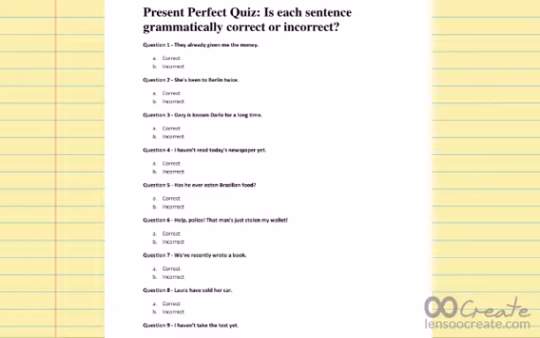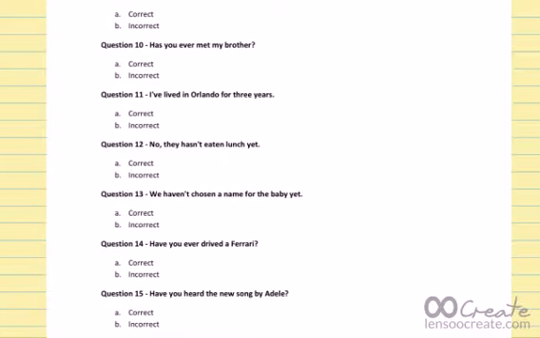Okay? So you will number your paper from number 1 to number 15, and for each question I want you to read it carefully and tell me if it's right or wrong, it's A or B. Okay? Don't forget to do this for Monday.